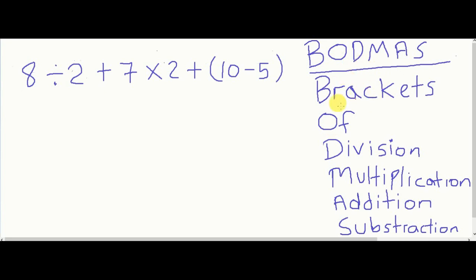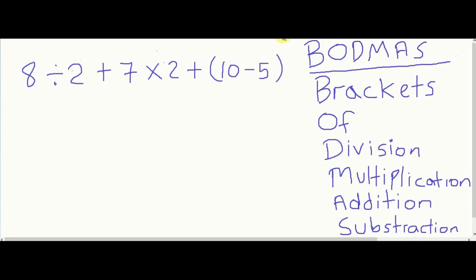Here I have 8 divided by 2 plus 7 times 2 plus, in bracket, 10 minus 5. According to the BODMAS rule, we have a bracket here, so we have to work out what is in the bracket first.